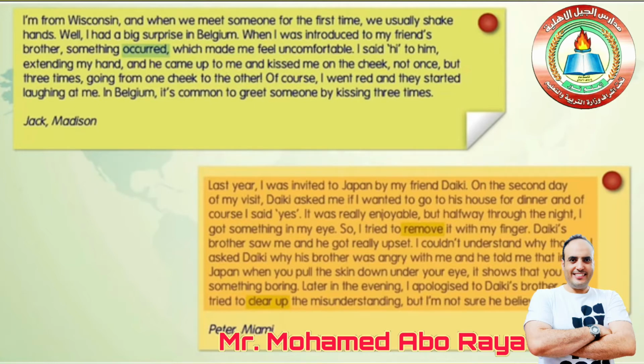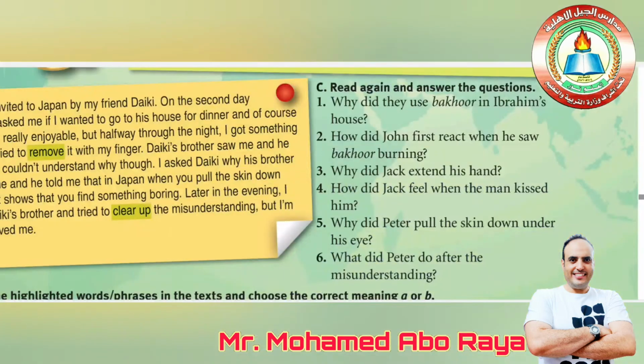I couldn't understand why though. I asked Daiki why his brother was angry with me, and he told me that in Japan when you pull the skin down under your eye, it shows that you find something boring. Later in the evening, I apologized to Daiki's brother and tried to clear up the misunderstanding, but I'm not sure he believed me.